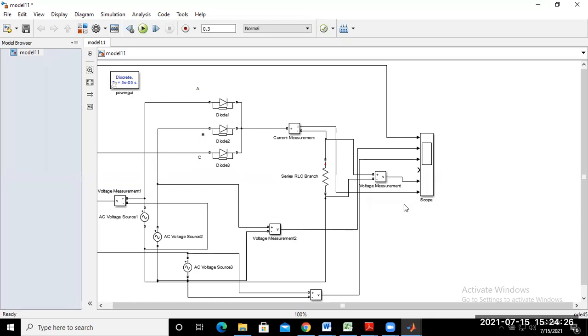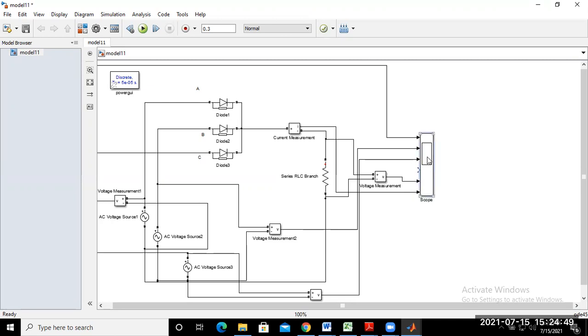So this one is connected as output voltage waveform and output current waveform, indicated by fourth and fifth. You can see, so 2, 4, and 5.